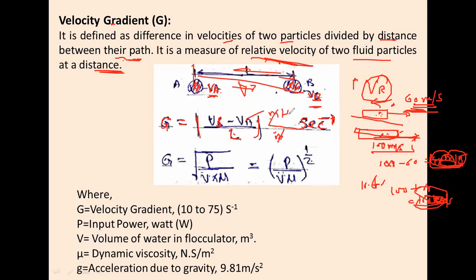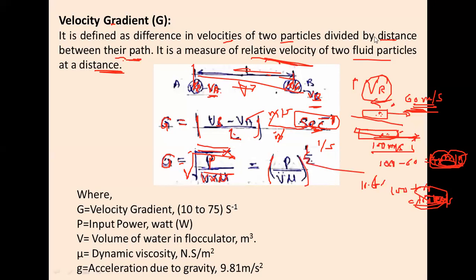So the meter gets cancelled, and you get the unit as 1 by second, or you can write it as second raised to minus 1. Again, we can write this G as the square root of P divided by V into mu. Or if you want to remove the square root, it can be written as (P upon V mu) raised to 1 half.